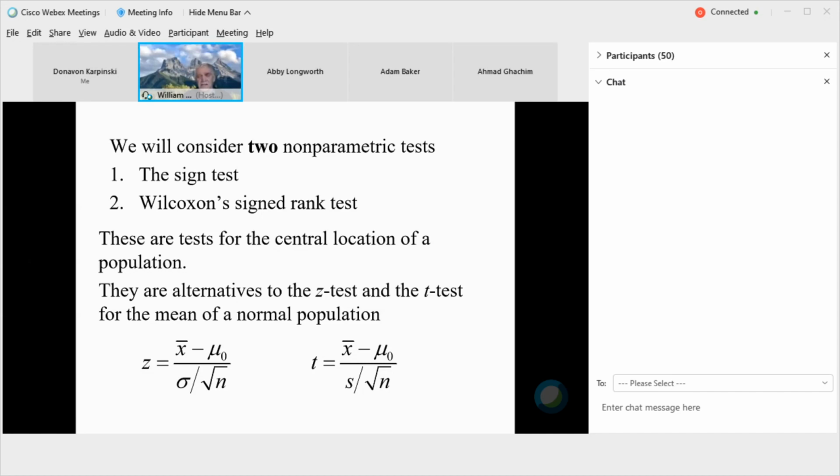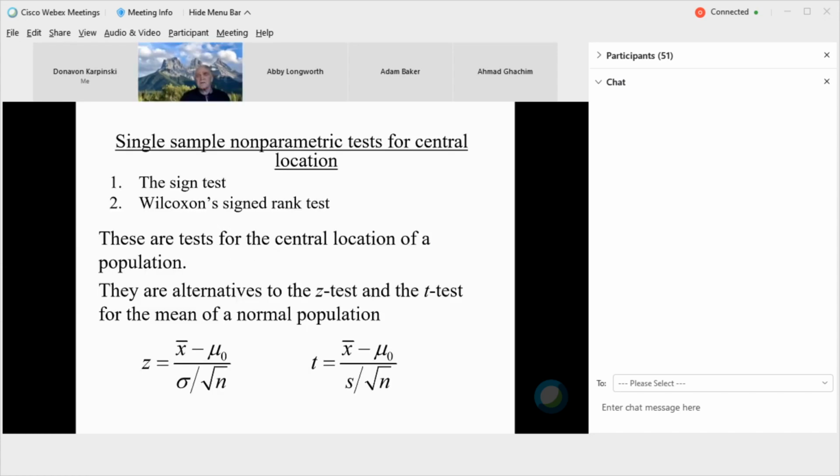The Z test has the test statistic x bar minus mu naught over sigma over root n, so it assumes that the standard deviation sigma is known, or that it can be estimated accurately. The sample size is large enough. The t-test takes into account the extra variability in the statistic when you replace sigma by its estimate.